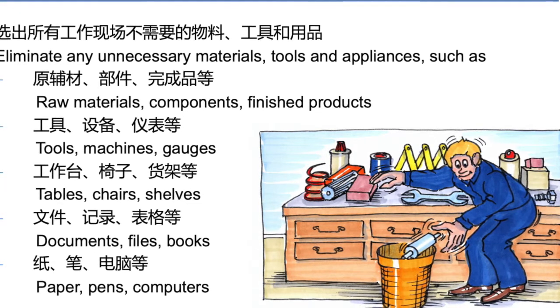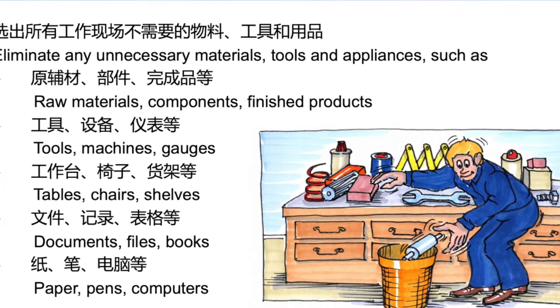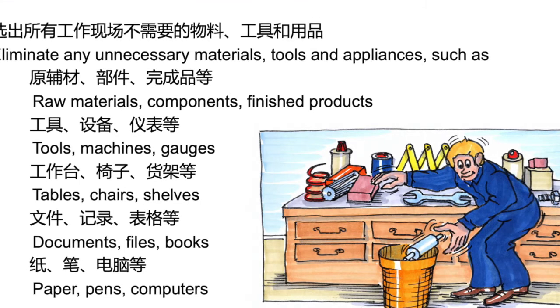And if you go into your office, for example, on your table you have computers, laptops, pens, papers, all kinds of things you need to use. And sort is going to separate all these things. When we do sorting, we need to eliminate all kinds of unnecessary materials, machines, tools.